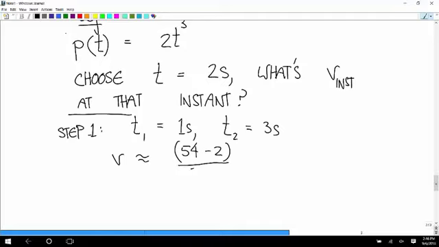And we're dividing that by the elapsed time, 3 minus 1. And so we get 52 divided by 2, which is 26 meters per second. Okay, that's our first approximation.